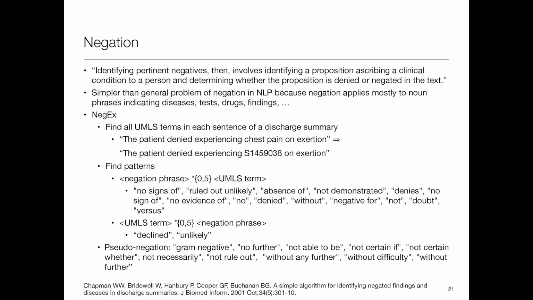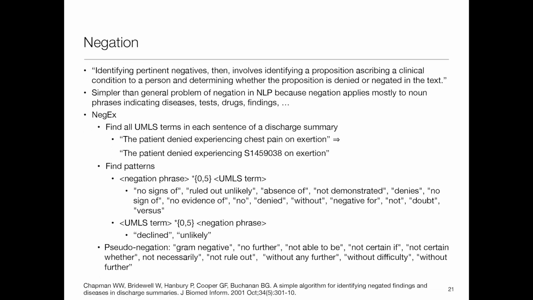Absence of, not demonstrated, denies, etc. And post modifiers, if you say something declined or something unlikely, that also indicates that it's not present. And then they hacked up a bunch of exceptions where, for example, if you say gram-negative, that doesn't mean that it's negative for whatever follows it or whatever precedes it, right?